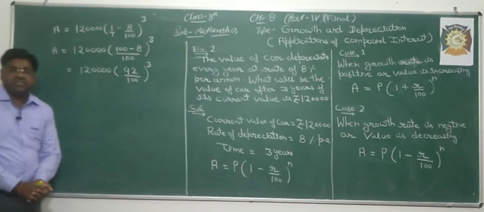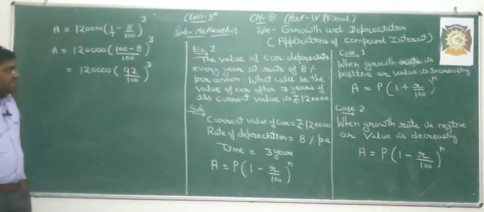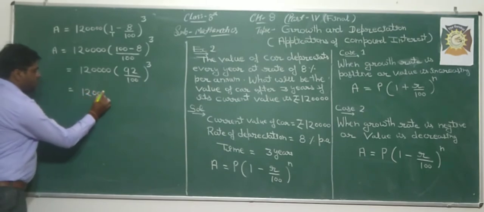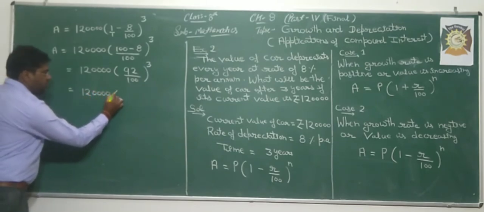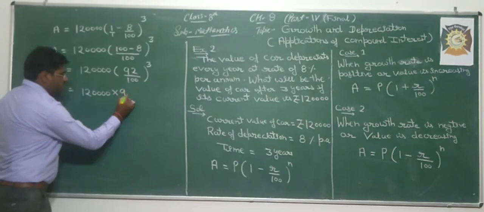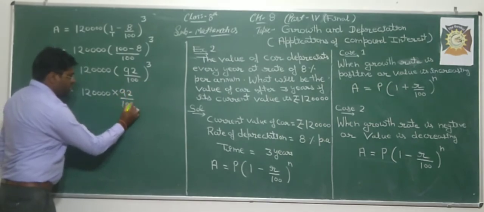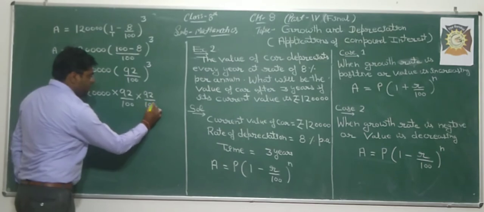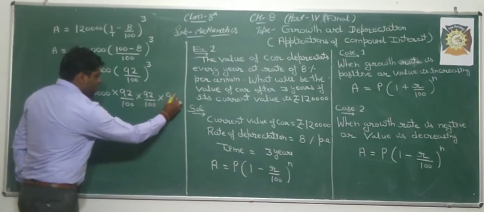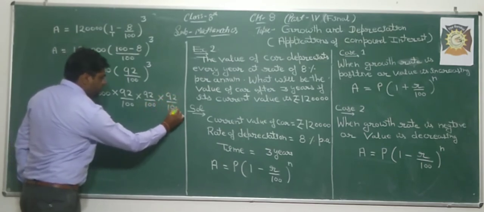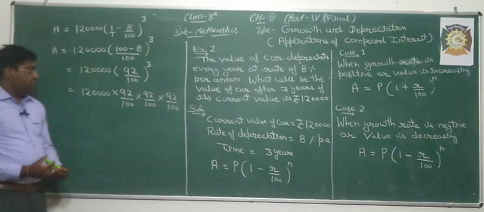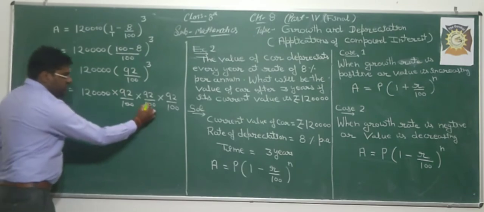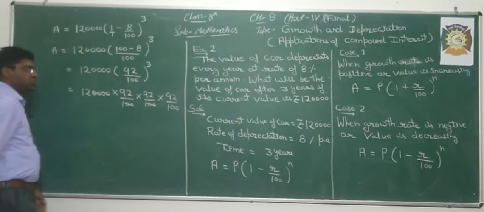Because its power is 3, how can we write it? We can write it as 1,20,000 multiplied by 92 upon 100 multiplied by 92 upon 100 multiplied by 92 upon 100. Now these two zeros cancel with these two zeros, and with these two zeros.